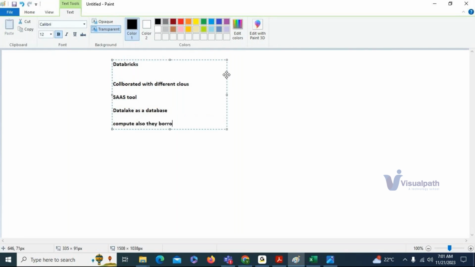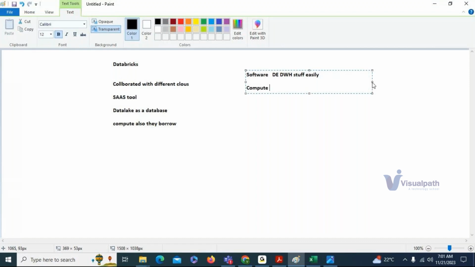Now in the case of Databricks, he has created a software where you can do data engineering or data warehousing stuff easily. In simple terms, when it comes to big data, we have split things into compute, meaning the computing power, and storage.